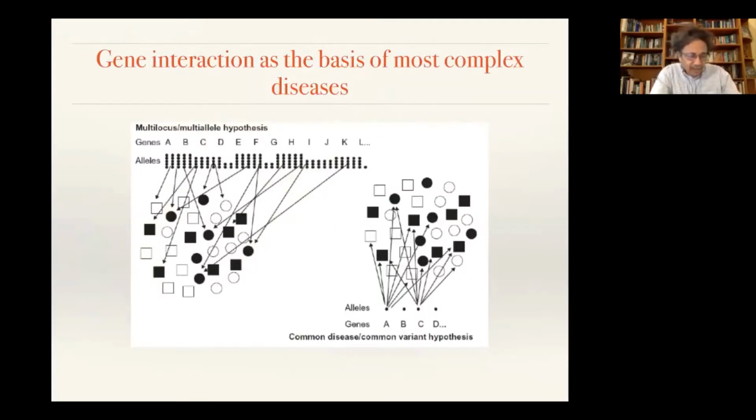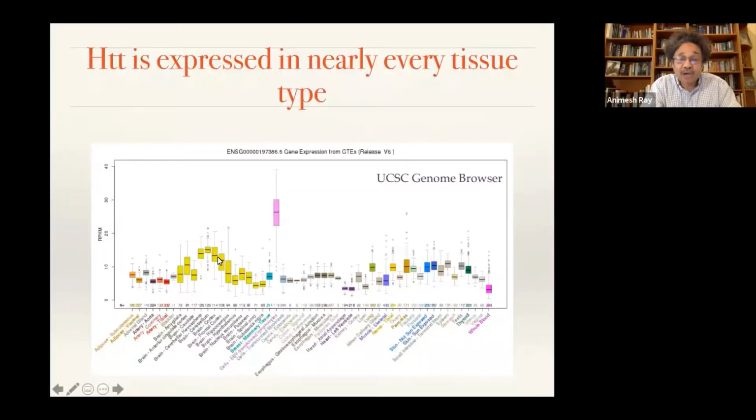Now we are beginning to accept that for most common diseases, genes play a very important role. And I'm pretty confident that in the years to come, we will, if the gene is expressed in all different kinds of cells, you take any cell type and you'll see strong gene expression and protein expression.